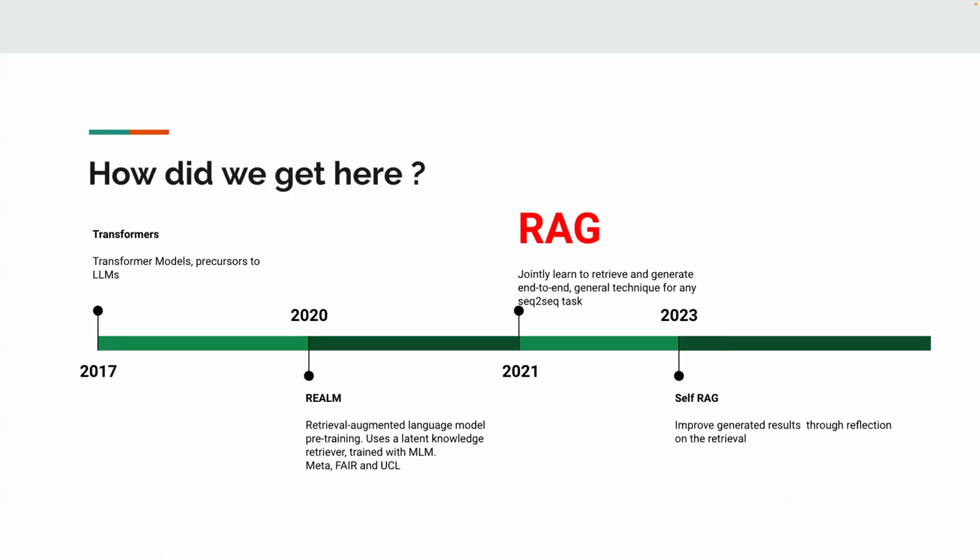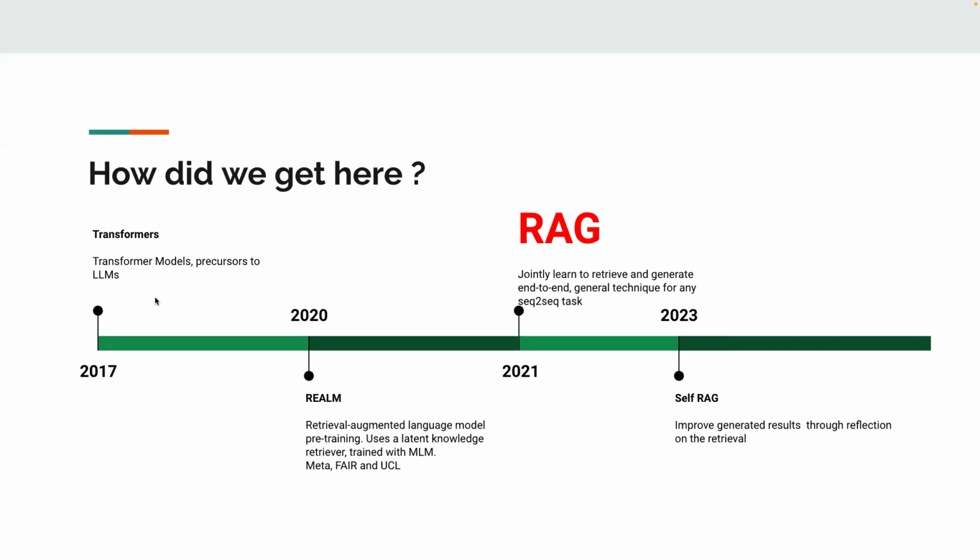How did we get here? So this is not at all a very exhaustive timeline because there are so many works in between that have facilitated the advancement and whatnot. But I feel like if you were to peel away what RAG was built on, which was a BERT model, what BERT was built on, and stuff like that.